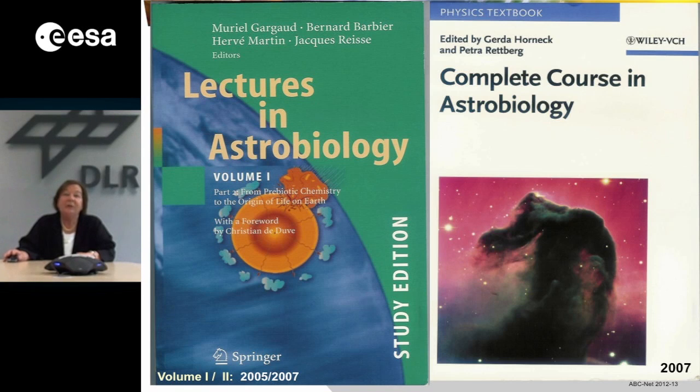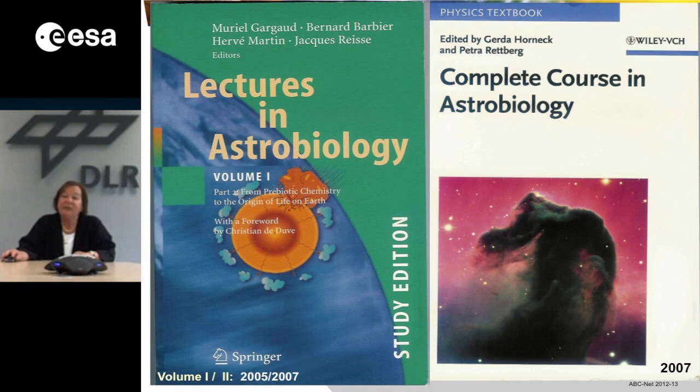Then there are Lectures in Astrobiology, volume 1 and volume 2, with a French group. Muriel Gargaud was the main editor of this, and this gives also the whole story, volume 1 from prebiotic chemistry to the origin of life, and then volume 2 goes further into the solar system. This is a book from the first course of ABCNet.